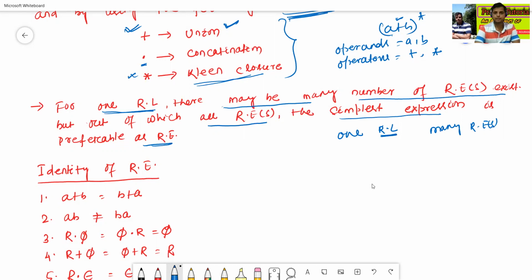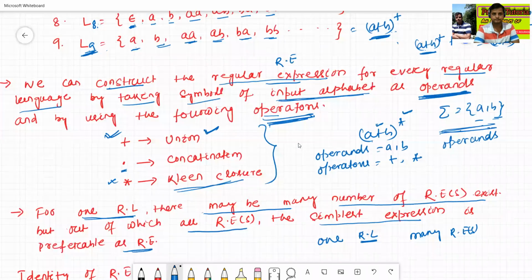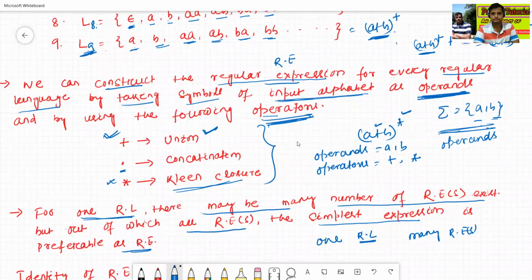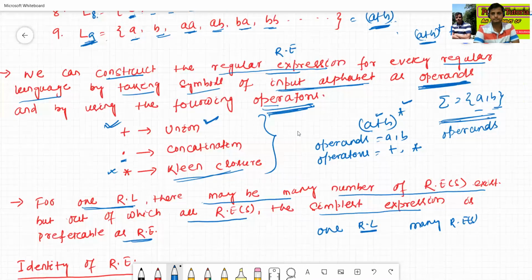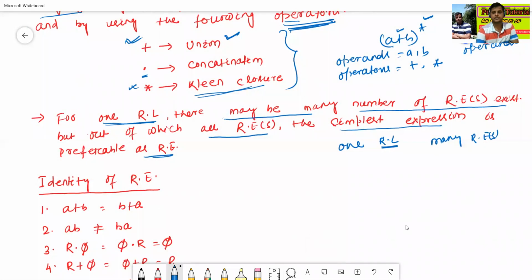Okay. Suppose, see here, try to understand. Suppose a language is equal to {epsilon, a, b, aa, ab, ba, bb, ...} like this.